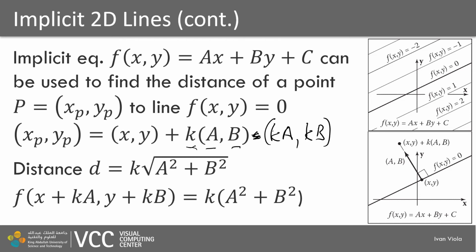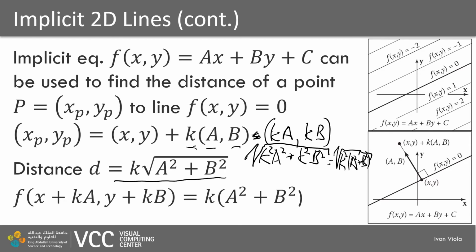If we take these two, the distance of the vector is defined as the square root of k squared a squared plus k squared b squared, and we can take the k out of each term, so it will be the square root of k squared times a squared plus b squared, and the k can be even further taken out from the square root, and then we will end up with this term for the distance.